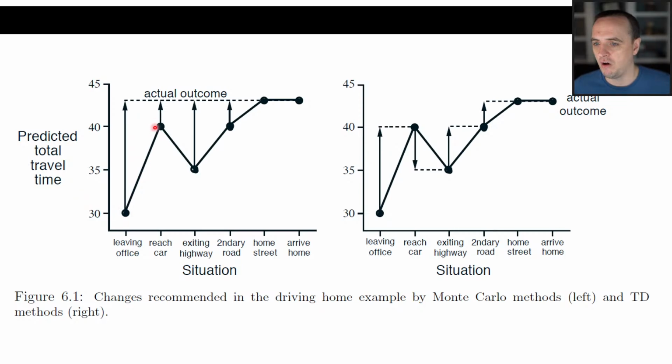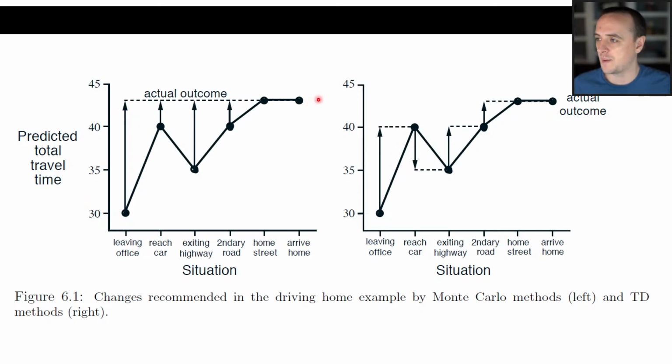Then you would take all of your current value estimates and just pull them toward 43 minutes. That's it. This is like when we dealt a hand of blackjack. If we won the episode of blackjack, we went back to all the states that we visited and pulled our update toward winning for each state after the episode had finished. So this is Monte Carlo.